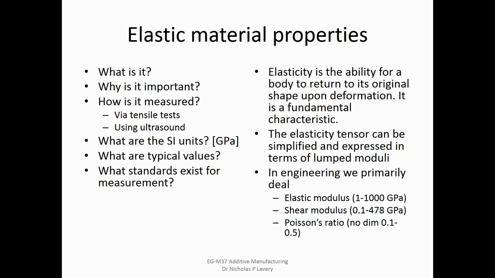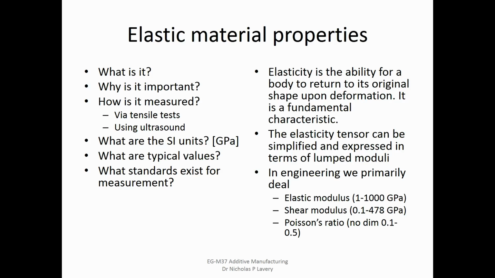Elasticity. So obviously it's going to be very easy for you to understand elasticity. You've seen it for years now. As far as the design perspective and the design of a component, elasticity is incredibly important. It is difficult to measure though.